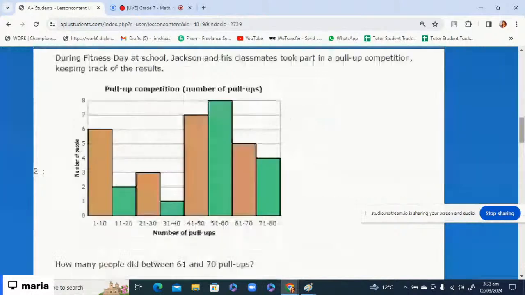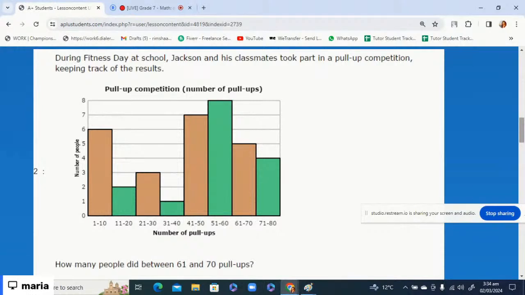Now let's check. During the fitness day at school, Jackson and his classmates took part in a pull-up competition, keeping track of the results. Number of pull-ups and number of people are given.